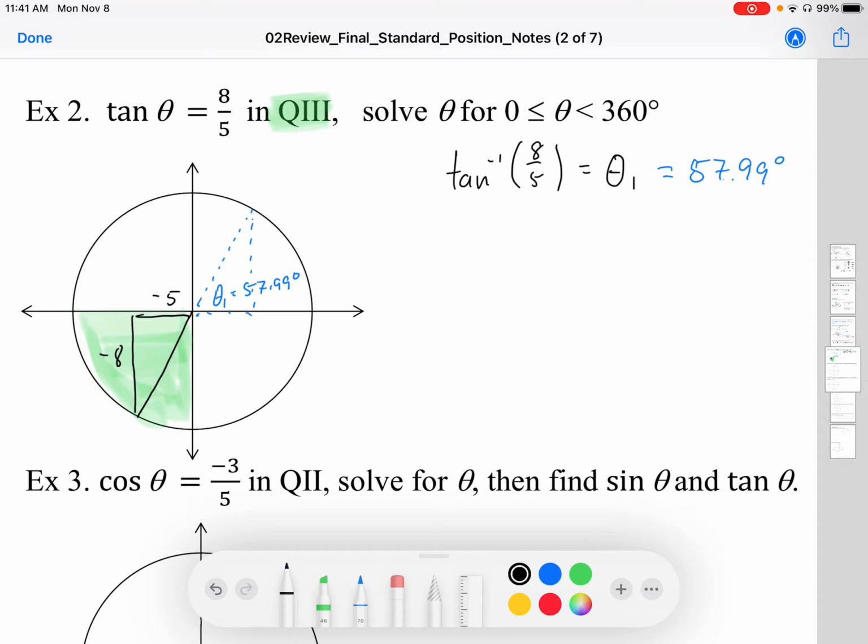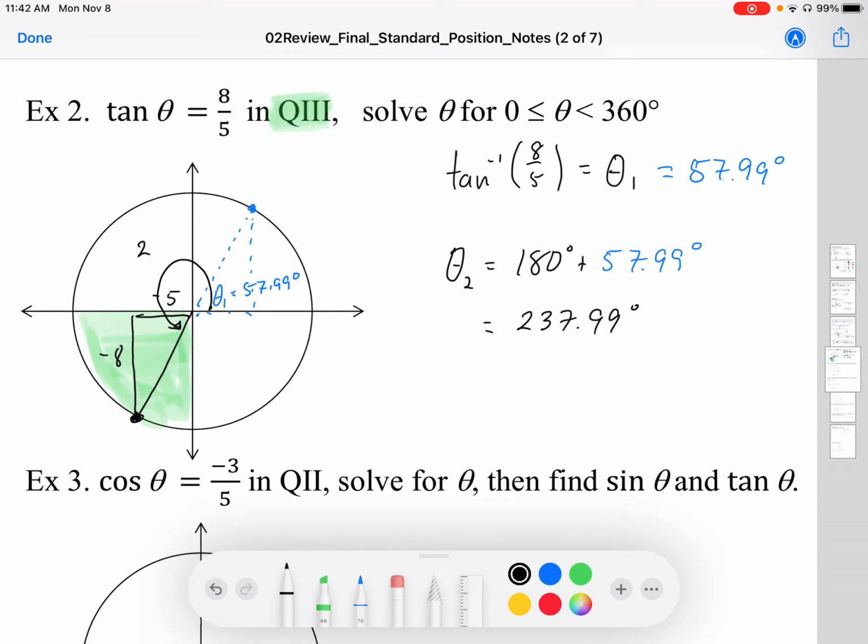Now, although it matches a triangle angle, remember that everything is to do with the position angle. So I need to find this position based on that first angle. And theta 2 for tan is going to be 180 degrees plus theta 1, which is 57.99 degrees. It's going to be on the opposite end of the circle, and we're going to end up in this position down here when we add 180 degrees, and we get 237.99 degrees.